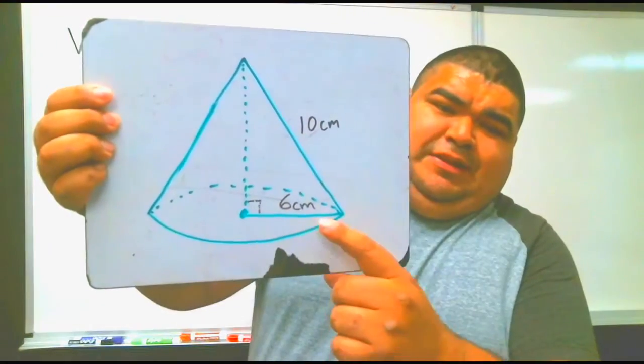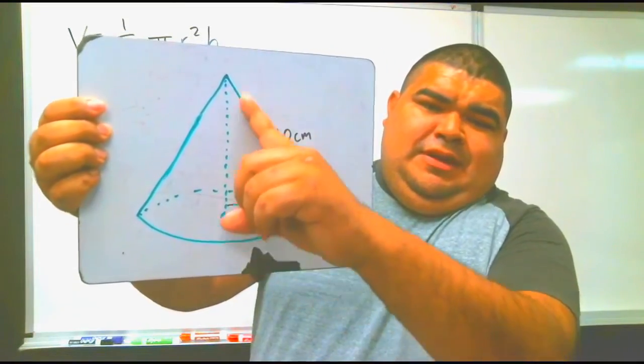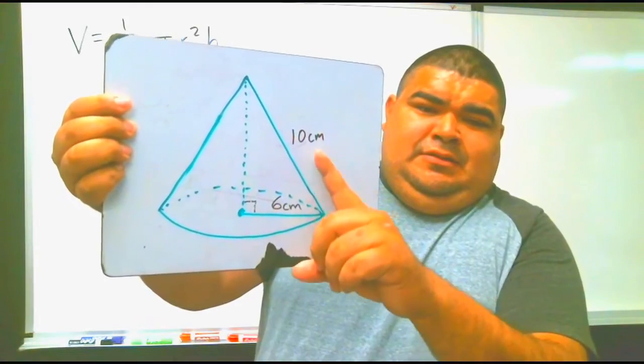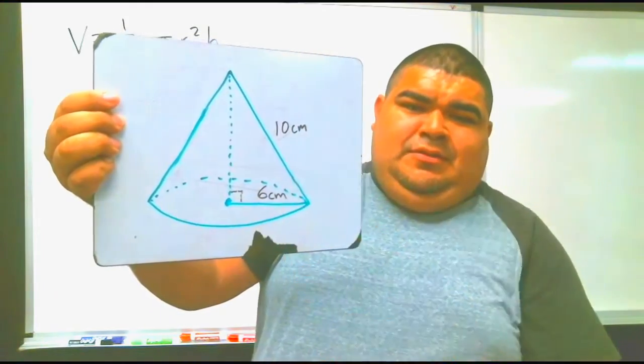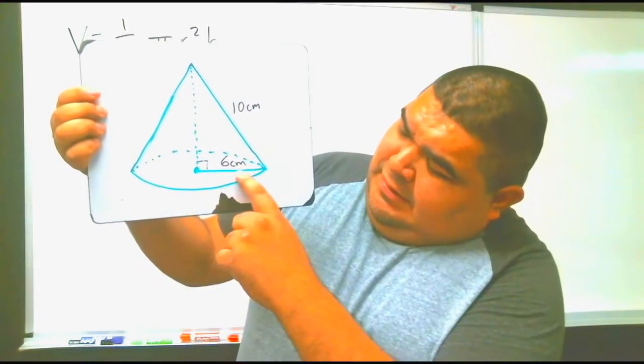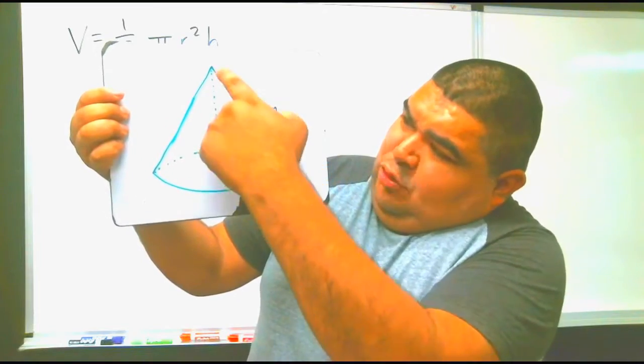Notice that we have a radius, but we do not have a height. We have a slanted height over here. The line, the height, and the slanted height make a triangle.